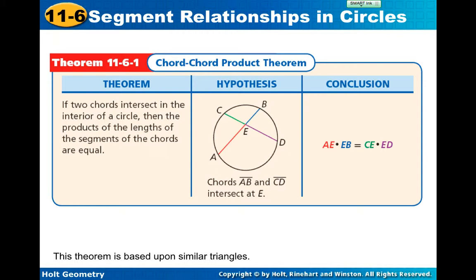So if you multiply the lengths of the segments on each chord, they will always be equal. If you want to use the labeling that goes with what's on the screen here, label your points. It says on one segment, if you multiply AE and BE, that will be the same product as CE times ED.